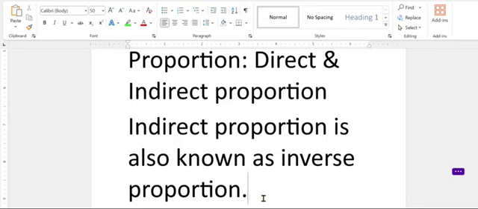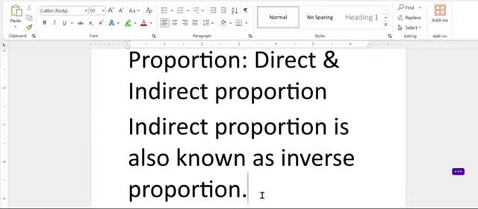So let me ask everybody this question. When you were in primary 4 and 5, you treated this topic on proportion. If you are in JSS 1 or JSS 2, either you have learned proportion or you will still learn it as a topic.